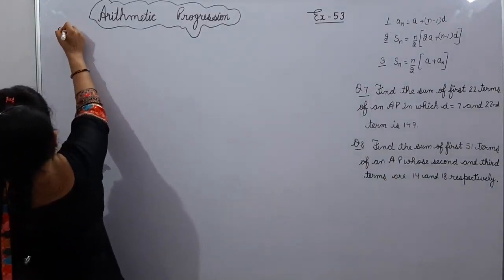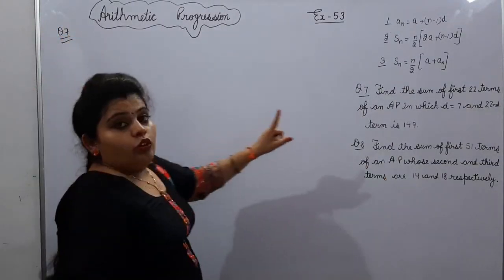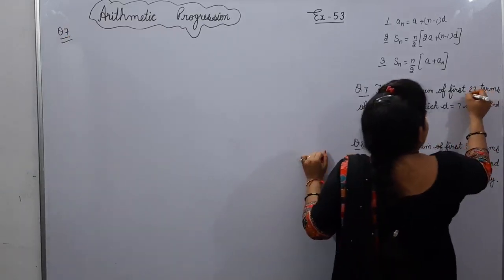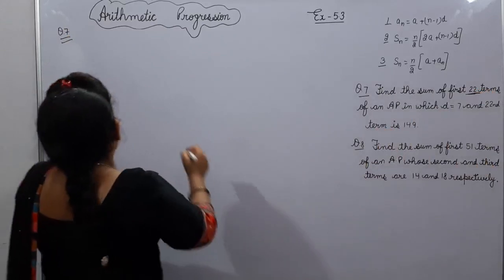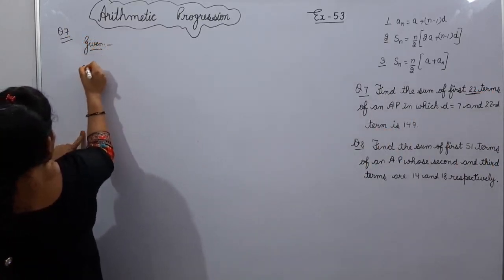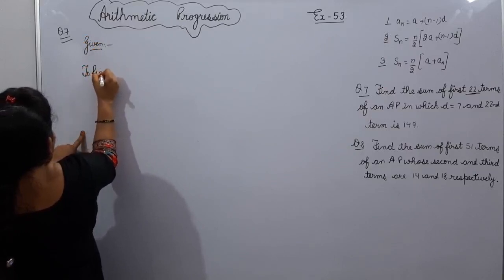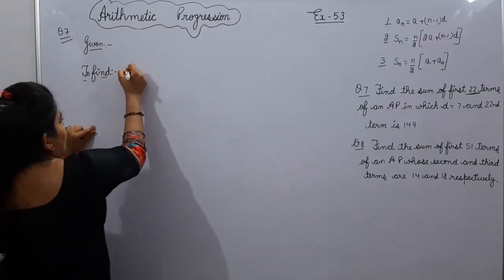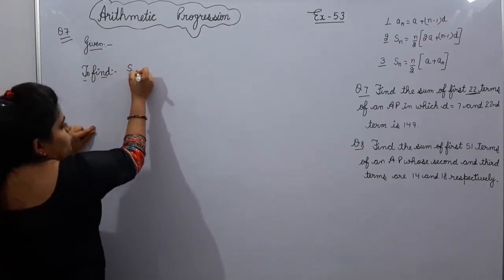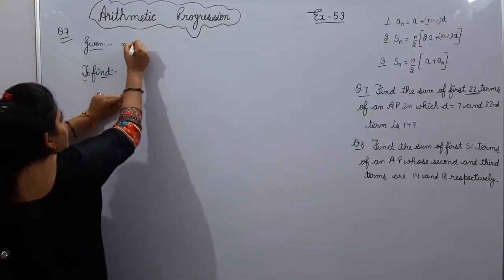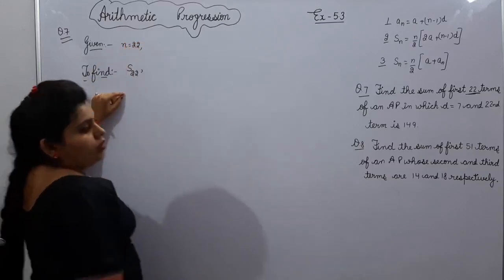What is given in question number 7? Find the sum of first 22 terms. Means in this question what we have to find? To find sum of first 22 terms means we have to find S22. And from here n is equal to 22 is given.